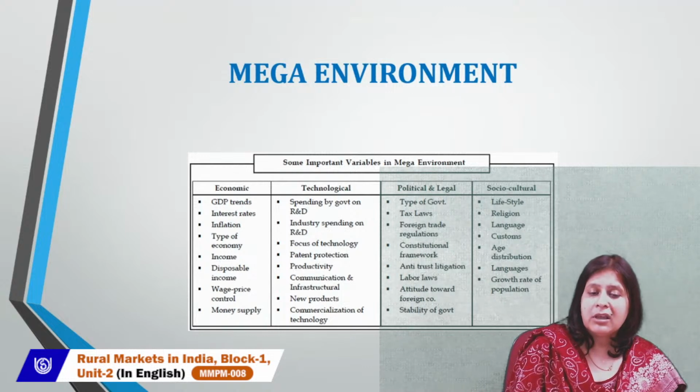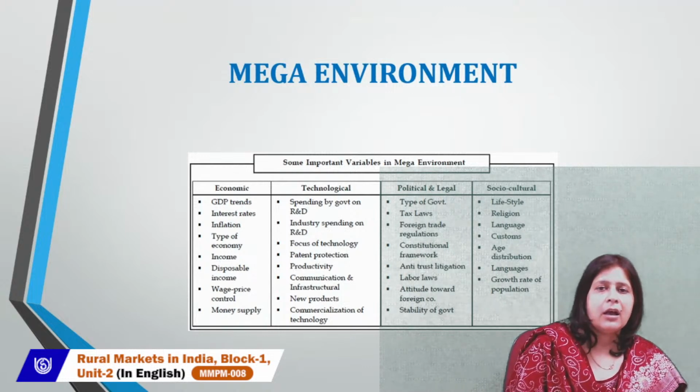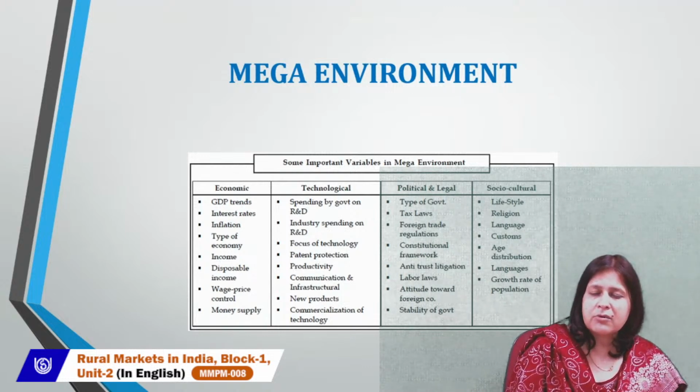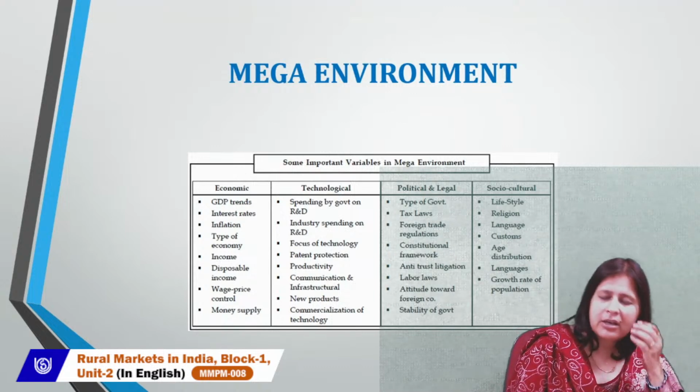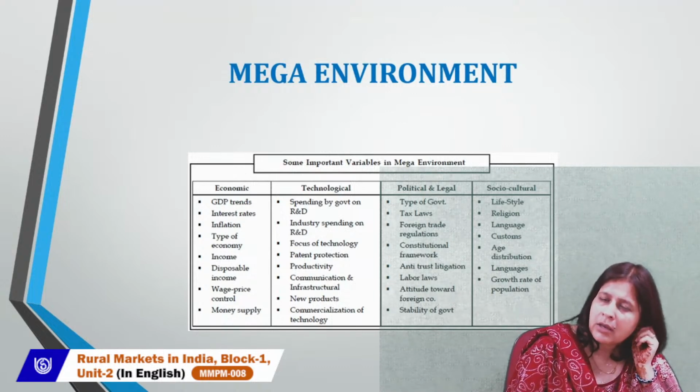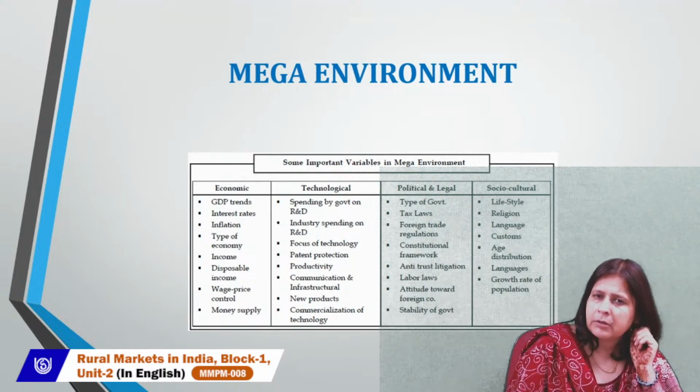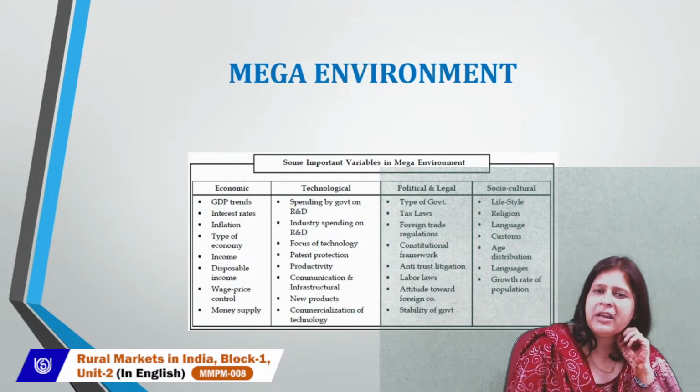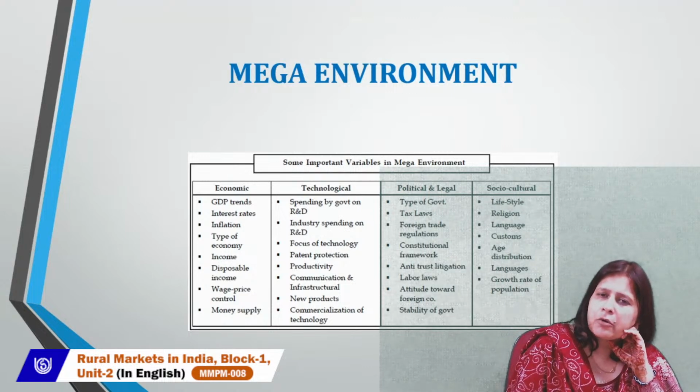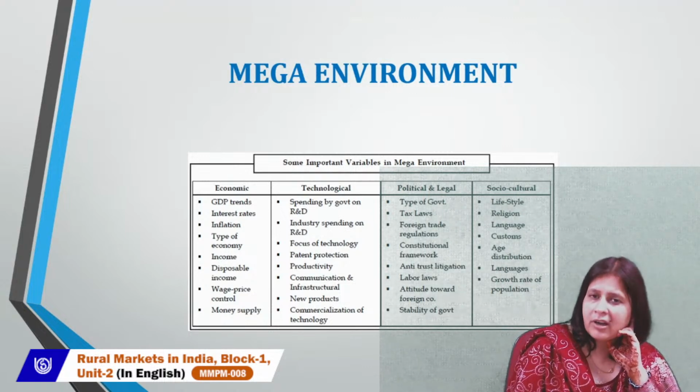Then focus on the technology, right? Nowadays we all know that companies are focusing on technology, like, rather than giving advertisements in traditional media, right? They prefer to give ads online, right?